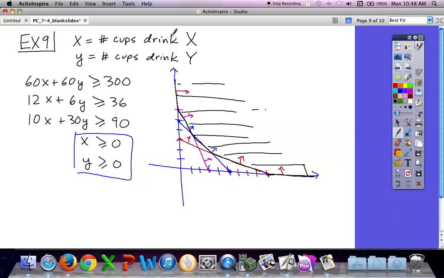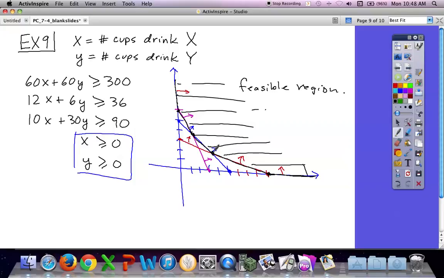Now, when we get to the next class, what you're going to find is that this area right here is called the feasible region. It's actually the domain of X and Y values that we're going to use to plug into another function. Everywhere you see a corner point, where two straight lines come together, those are called vertices.